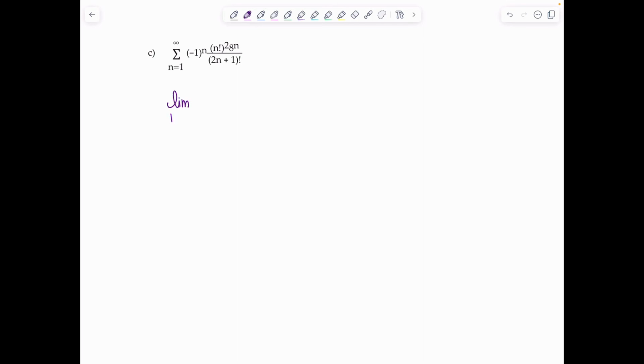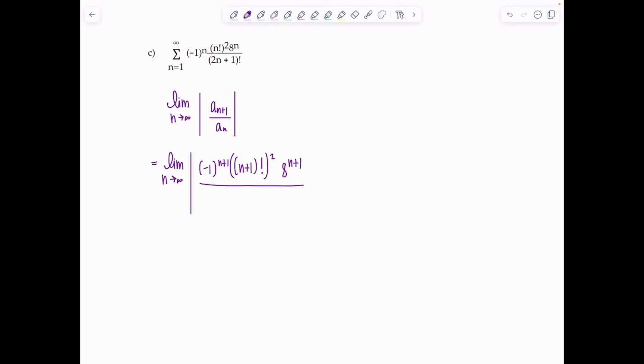I'm going to look at the limit as n goes to infinity of the absolute value of an plus 1 over an. So this is going to be the limit as n goes to infinity, absolute value, negative 1 to the n plus 1, n plus 1 factorial squared, 8 to the n plus 1 over, be careful here, 2n plus 1 plus 1 factorial.